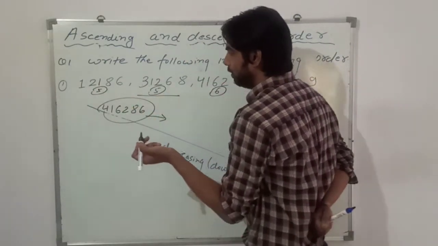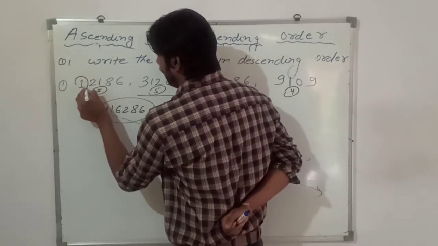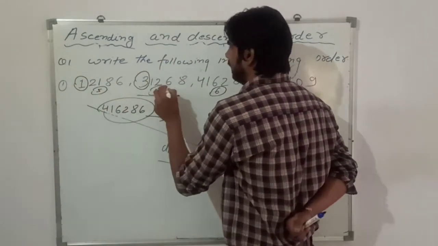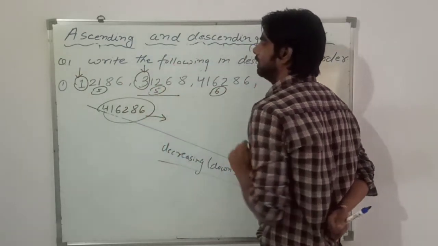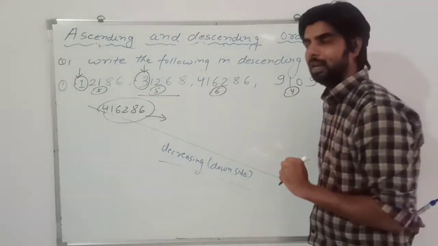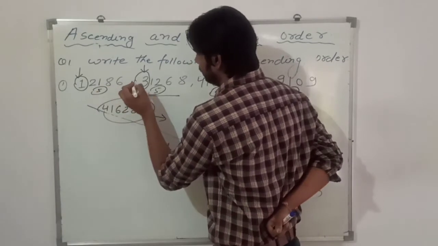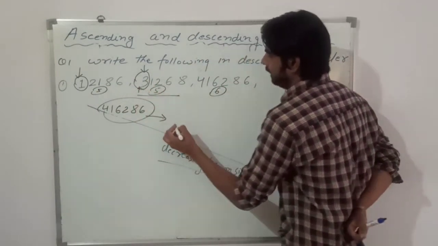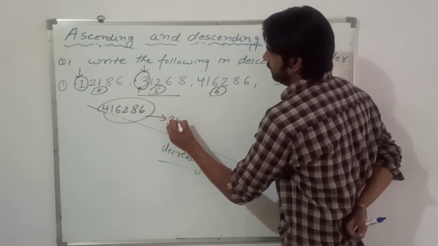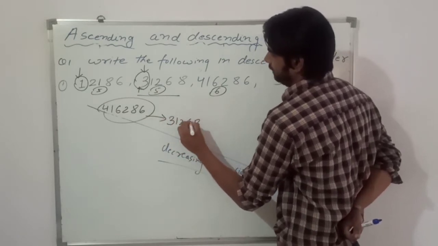How will we find out? By comparing the leftmost digit, the first digit. Here it is 2 and here it is 3. So the larger number is 31268, because here it is 3.